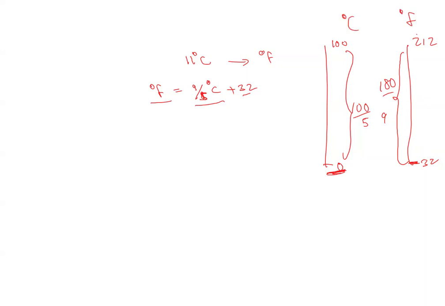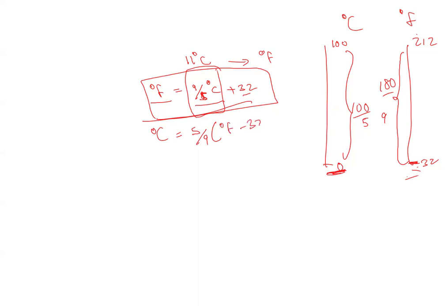So you have to add that to start with after you get these divisions right. So this is the formula. You can just remember this, or readjust it to give the answer in centigrade. It's easier just to remember one and adjust it. So you can see if I bring this 32 to the other side, minus 32, then this 9 by 5 changes to 5 by 9. That's right.